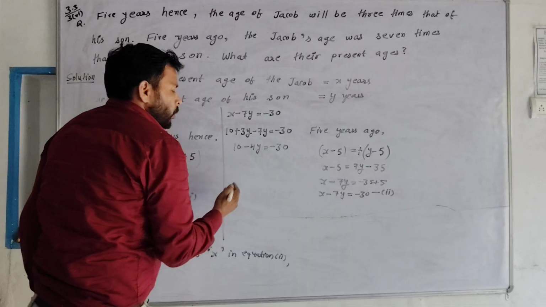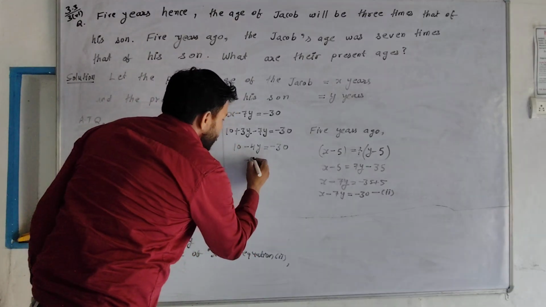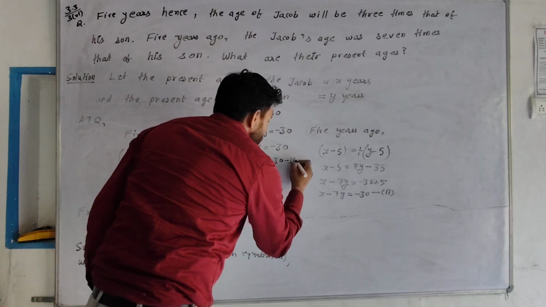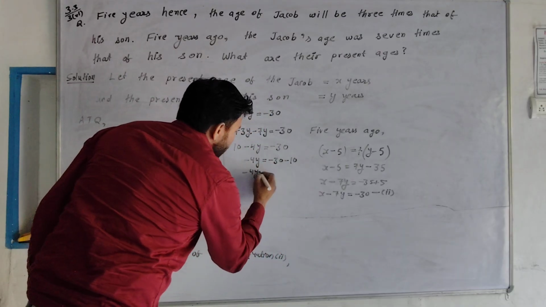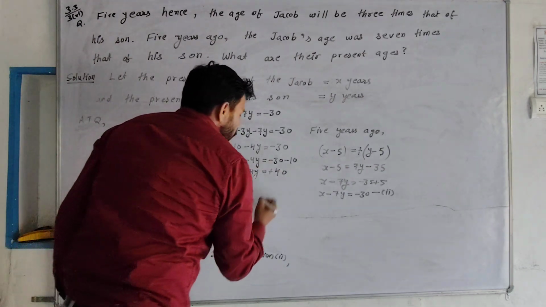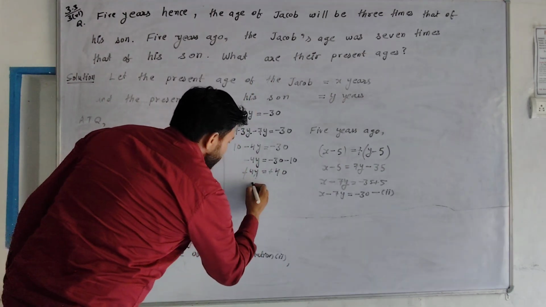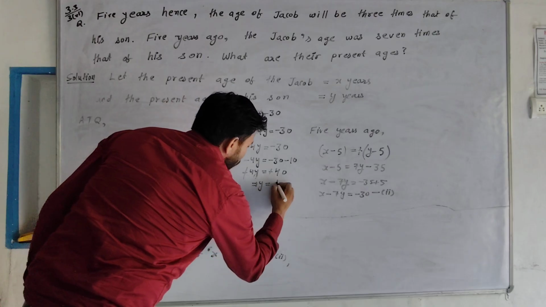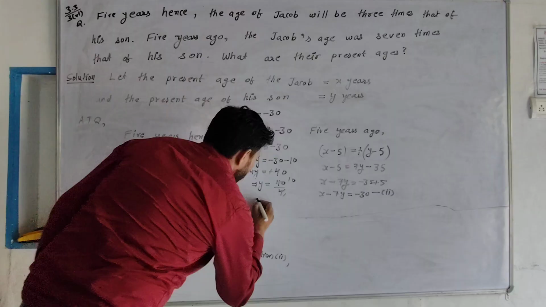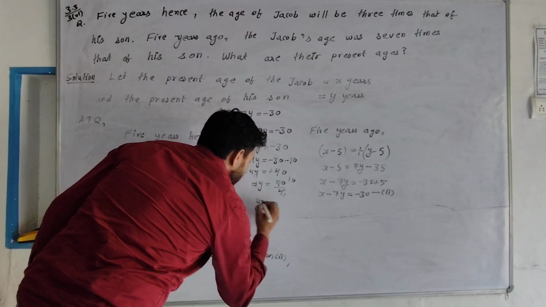Now transposing 10 to the right side, minus 4y equal to minus 30 minus 10, minus 4y equal to minus 40. Now cancel minus on both sides, which implies y is equal to 40 divided by 4. The value of y equal to 10.